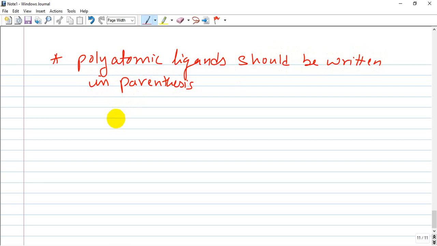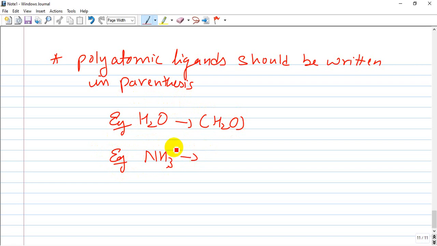It means, for example, H2O, because it contains more than one atom. So when you are writing H2O, you have to use small bracket. Parenthesis indicates the small bracket. Another one is NH3, again a polyatomic ligand. So whether it is one in number or many in number, you have to write it always in the small bracket.